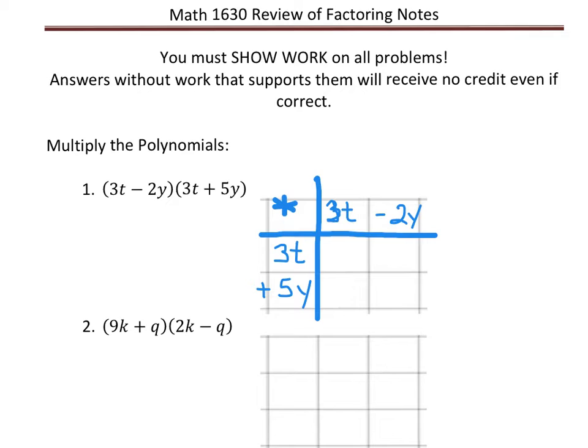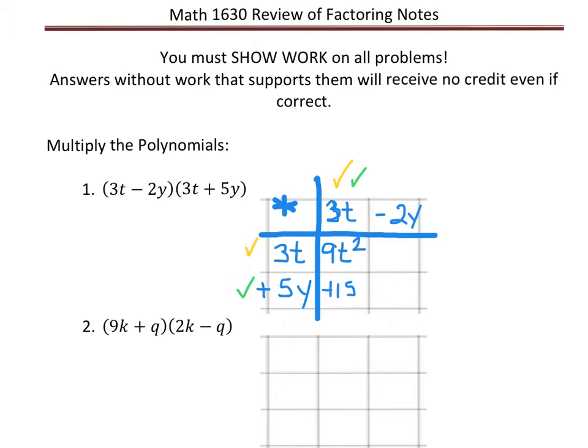So the first thing we'll do is we will multiply the first row element times the first column element, and 3t times 3t gives us 9t squared. And then we're going to take the second row times that first column, and that gives us positive 5 times 3 is positive 15.